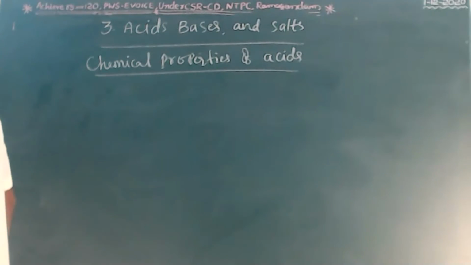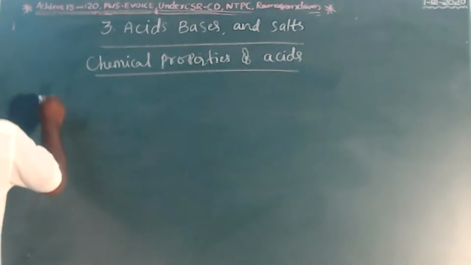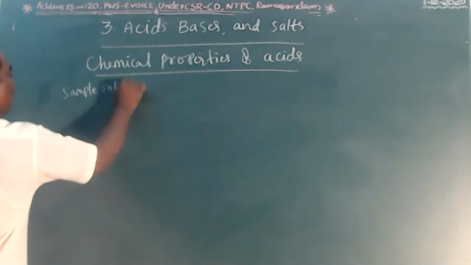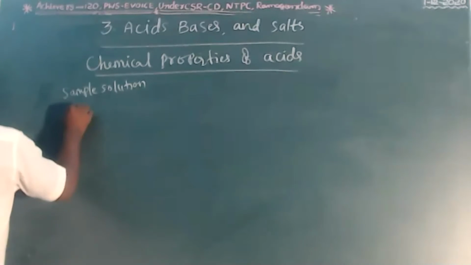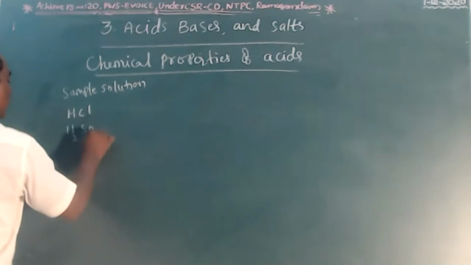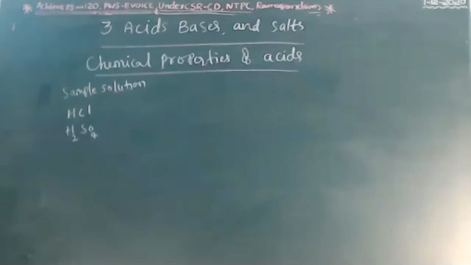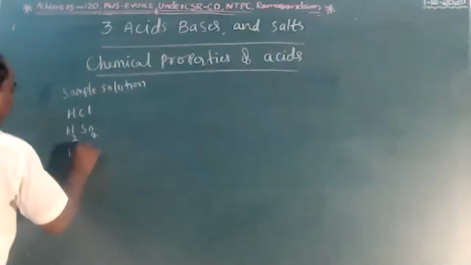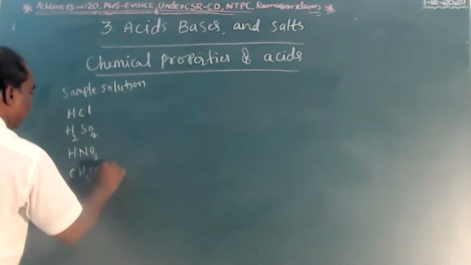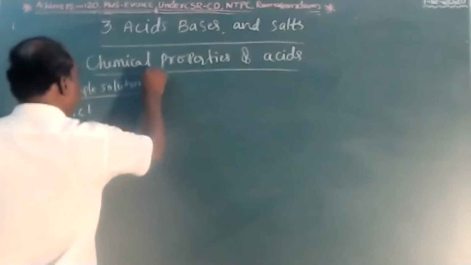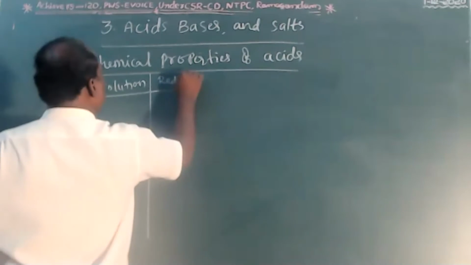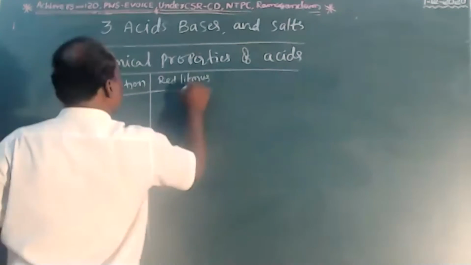So the first one is the sample solution. HCl, H2SO4, HNO3, CH3COOH. Red litmus test.